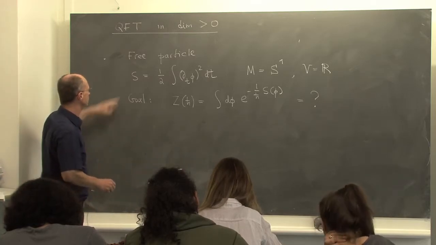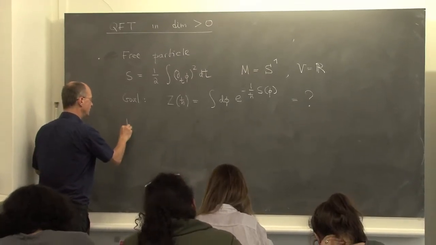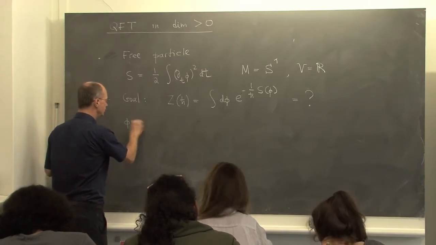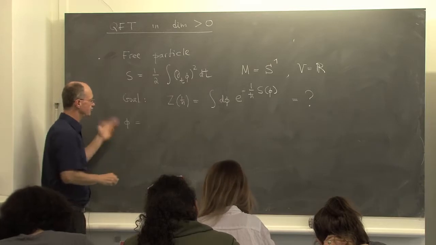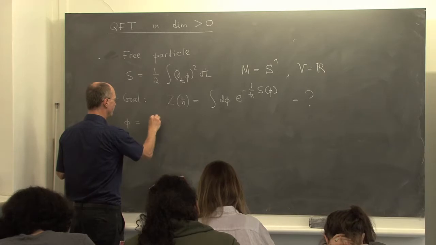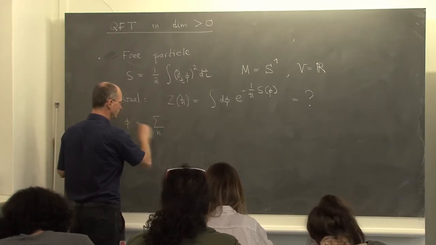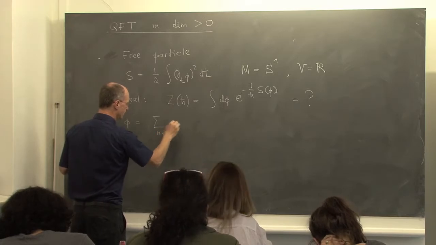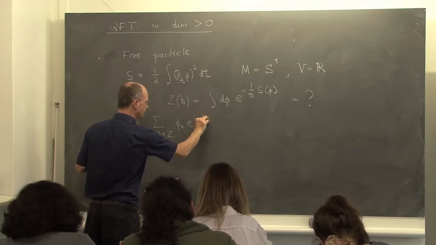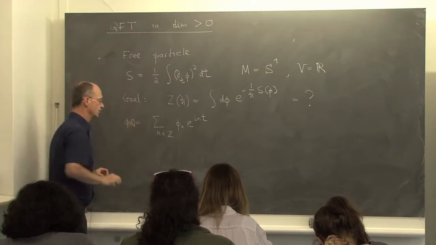So let me do the following. Let me look at this field phi. So this is a function on the circle. And as a function on the circle, let me assume that this is a sufficiently nice function such that it can be represented by a Fourier series. So if the length of the circle is 2 pi, then I can introduce the Fourier series for phi of t.